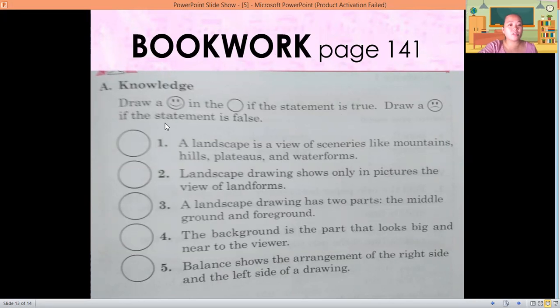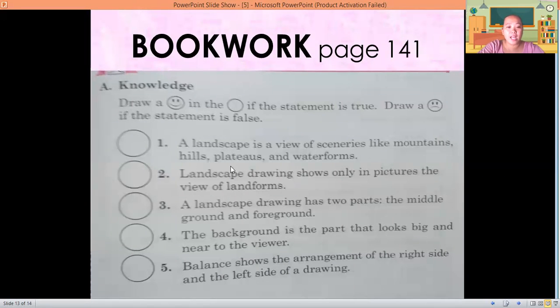Again, I will read the instruction. Are you now on page 141? Can you please do the thumbs up? Very good.